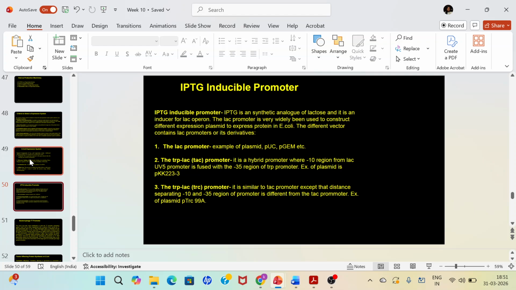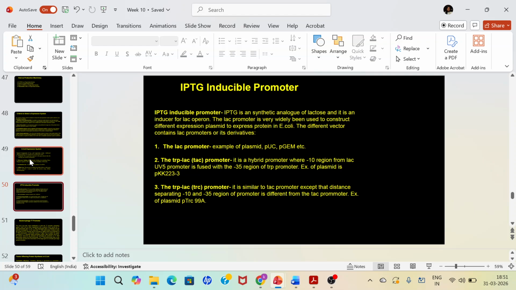The different vectors contain the lac promoter or its derivatives. So it could have a lac promoter, the tac promoter, or the trc promoter. The tac promoter is basically a hybrid promoter of tryptophan and lac, and the trc promoter is also similar to the tac promoter.